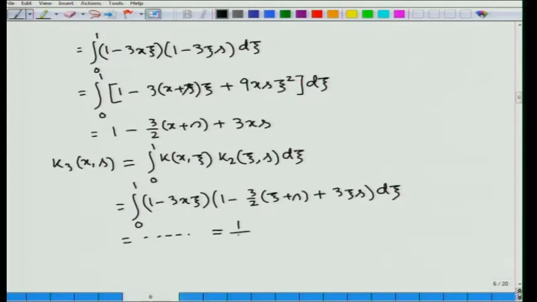This will be equal to 1/4 (1 minus 3xs). This result is very important, because from here you can observe that k3(x,s) is nothing but 1/4 k1(x,s).